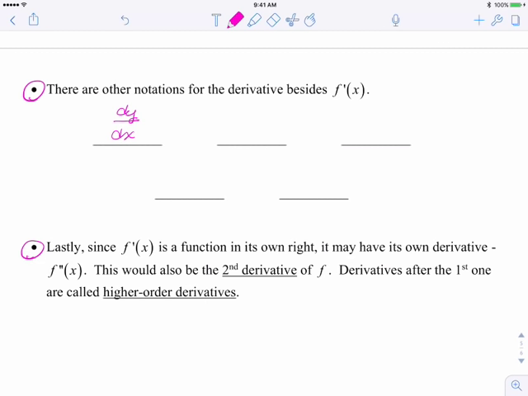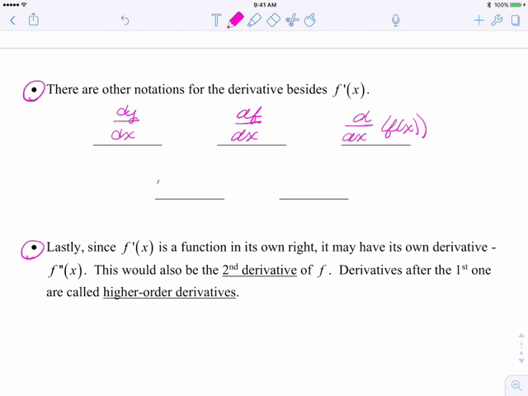Dy dx represents the derivative of y with respect to x. It means the exact same thing as f prime of x. If you have df dx, same thing, the derivative of f with respect to x. We have what's called d dx notation. So when you see d dx of f of x, that means the derivative of f of x with respect to x.